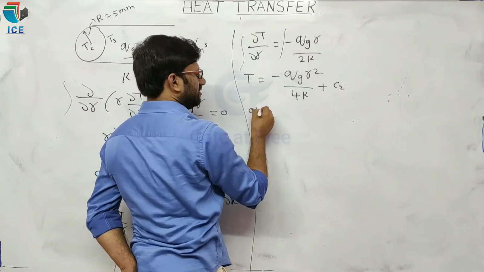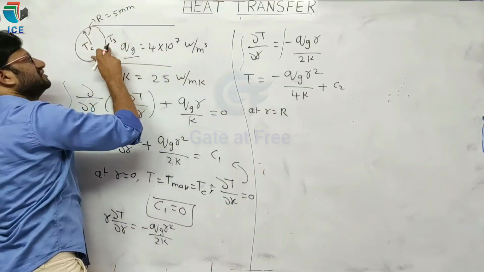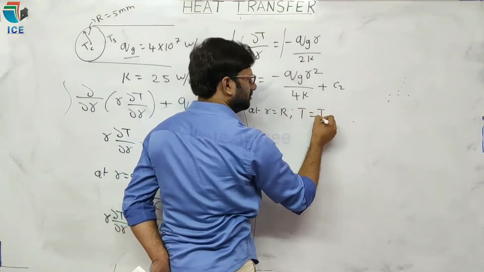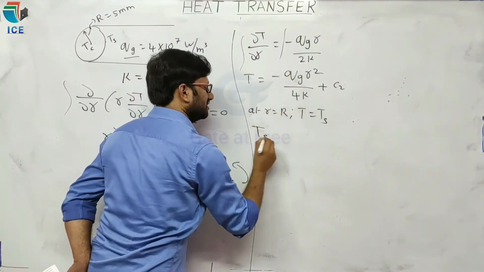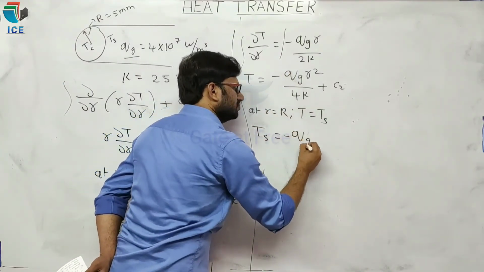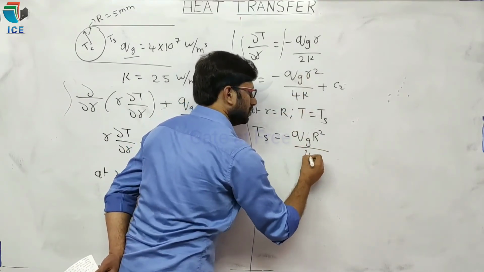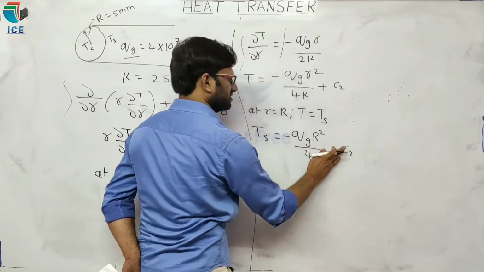Okay. Now at r equal to capital R, that is the outer radius, T is equal to the surface temperature, that is Ts. Now substitute in this equation. In place of T, Ts equals minus Qg, in place of small r, capital R square by 4k plus C2. Now what is C2?